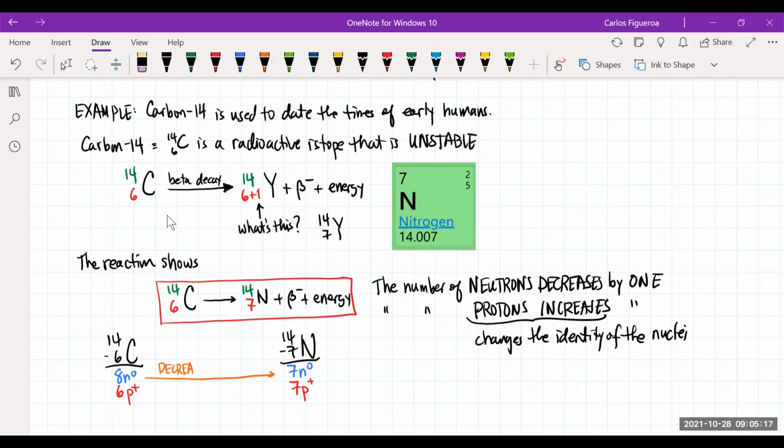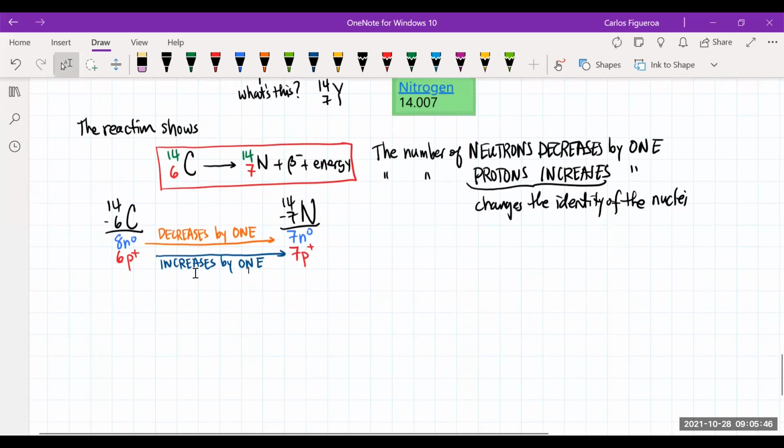Decreases by 1. This increases. So if I look at this next one here, you see that this increases by 1. That is a beta decay. Now, what's the picture like? So the picture is slippery.